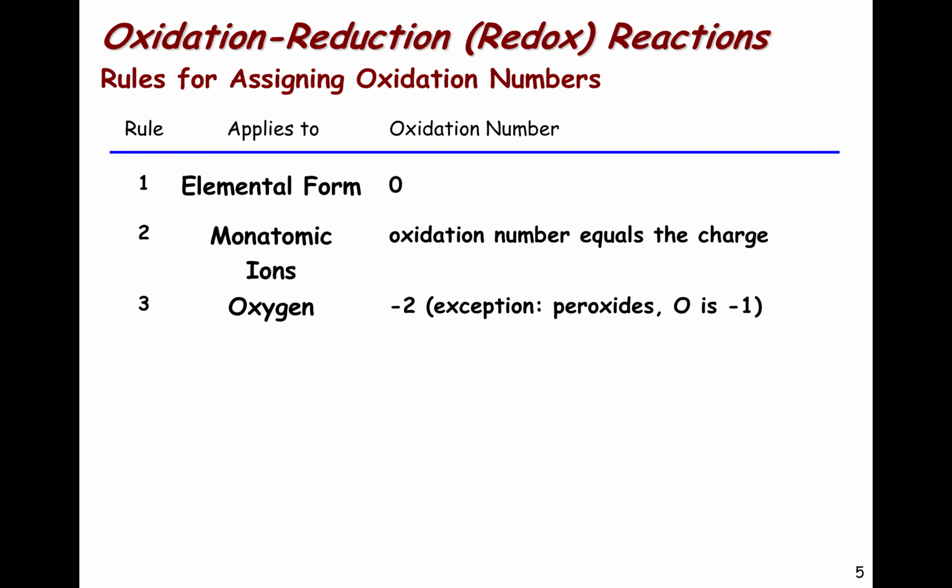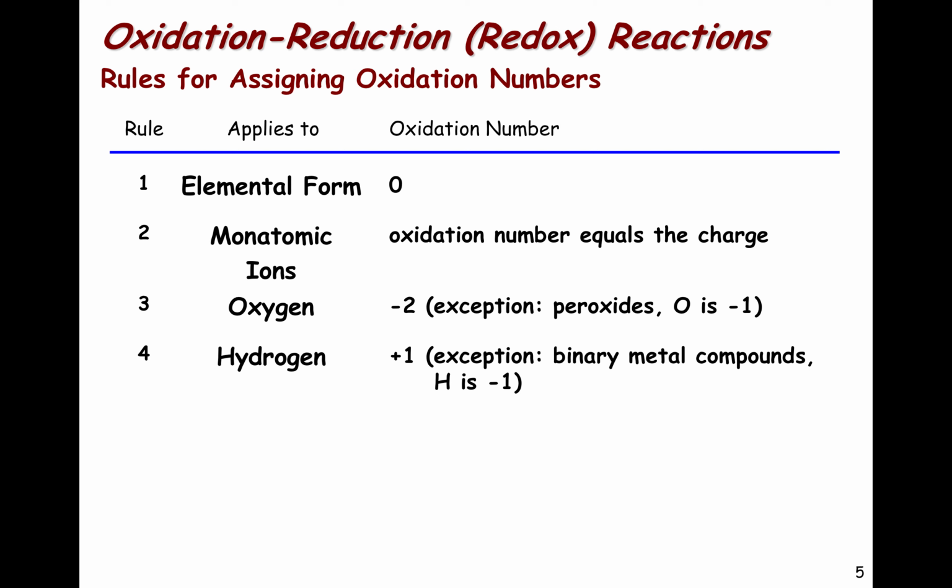Third, typically oxygen forms an anion, and the anion is 99% of the time -2. There is one exception for oxygen, that is the so-called peroxide ion, where it could be -1.